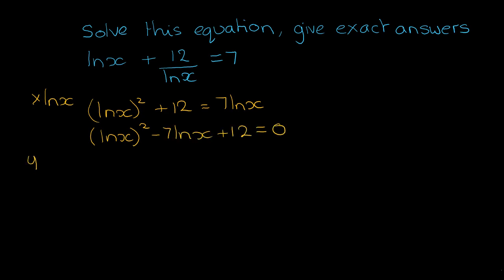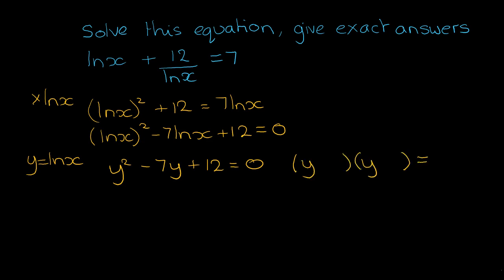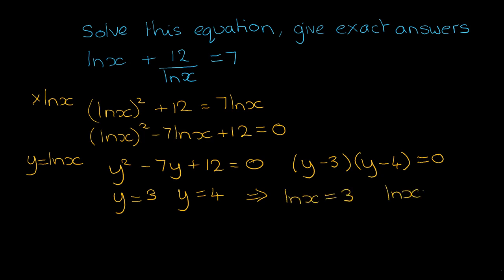And now we're going to substitute y = ln x. So we get y^2 - 7y + 12 = 0. This factorises to (y - 3)(y - 4), which gives us y = 3 and y = 4, which means ln x = 3 and ln x = 4.